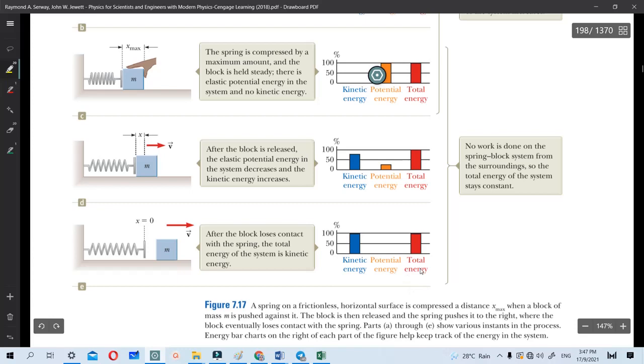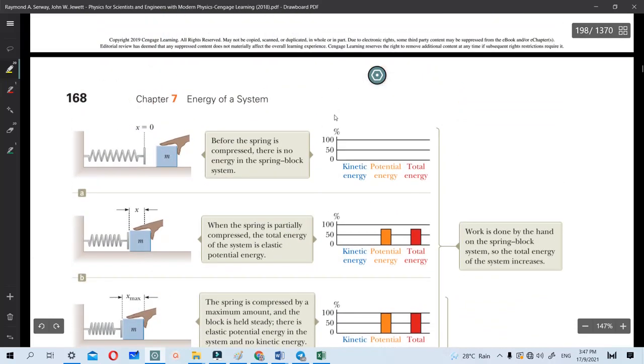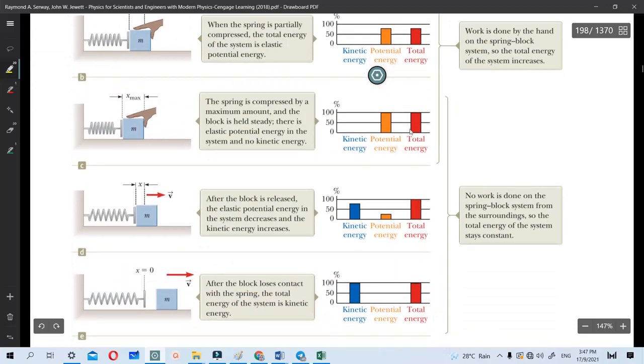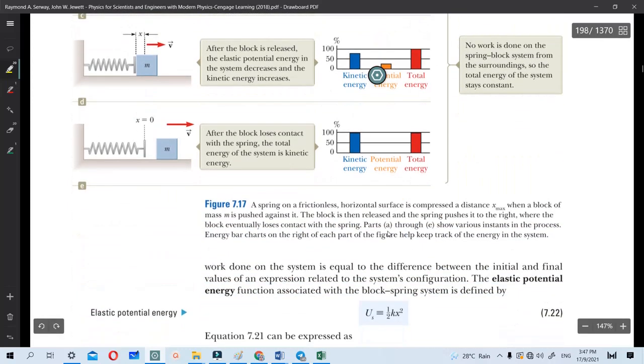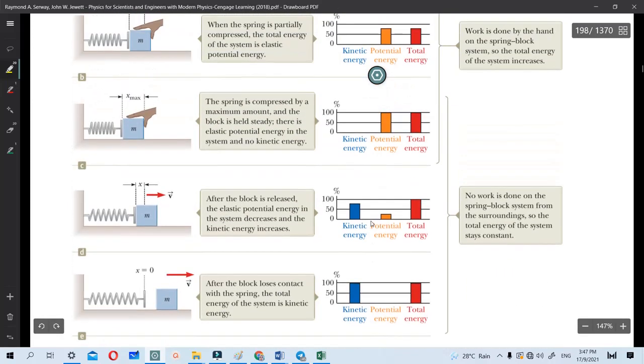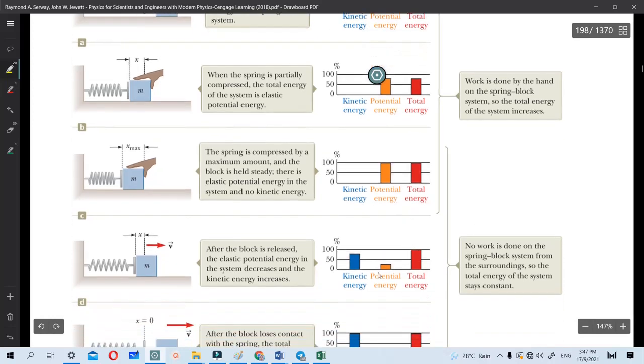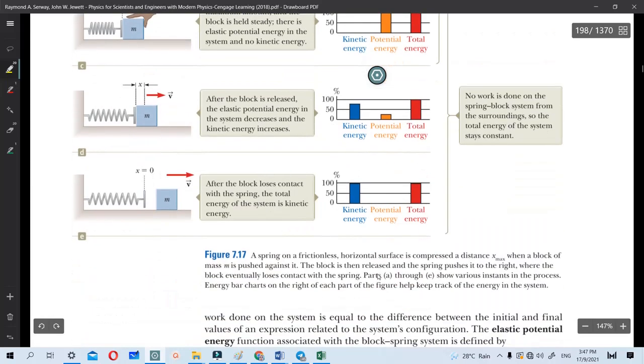So look at the total energy, 100, 100, 100. Okay, sorry, here is not 100 yet. So this is 100, C, B, C, D, I think. They were trying to correlate that while the object is being compressed, the amount of energy remains the same. It's just that they change the amount.